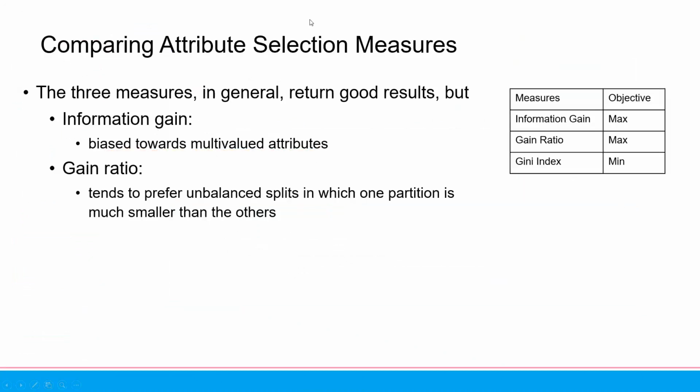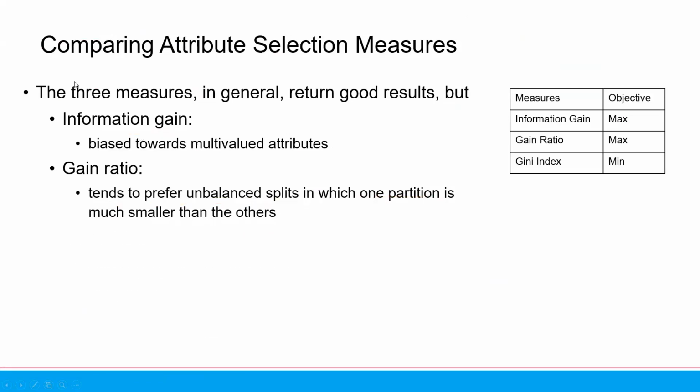The gain ratio gives you a better way than the information gain, but it tends to prefer unbalanced splits in which one partition is much smaller than the others. So if we have a lot of splits, it still has some issues.